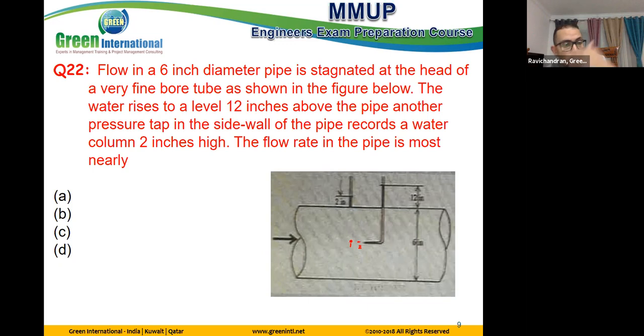So the flow is moving inside the 6-inch duct. I don't affect this flow. I don't stop anything. Still, the velocity is moving, not changed. So the dynamic part is not changed.